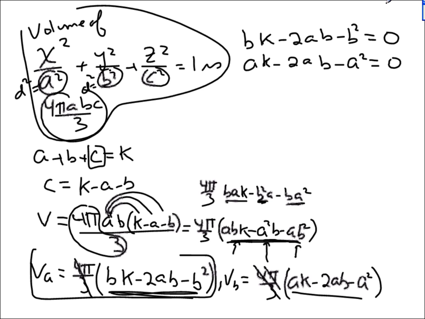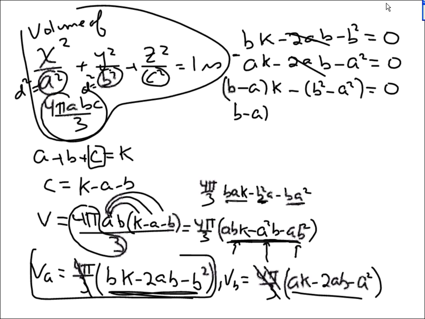Now, if I just subtract, as I see this leaving, I get b minus a times k minus b squared minus a squared. And this is 0. I can factor this last equation.